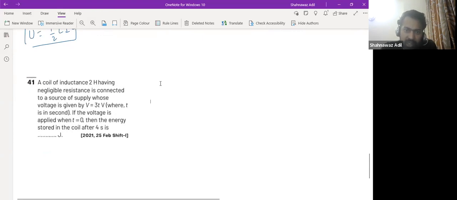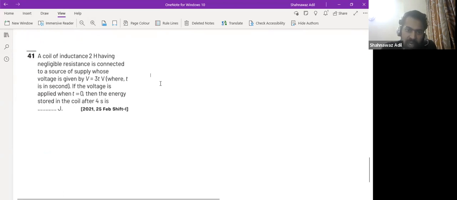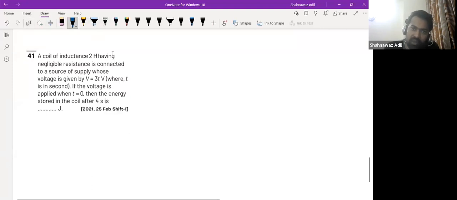A coil of inductance 2 Henry having negligible resistance is connected to a source of supply whose voltage is given by this expression. So you have an inductor with negligible resistance, connected to some voltage supply.